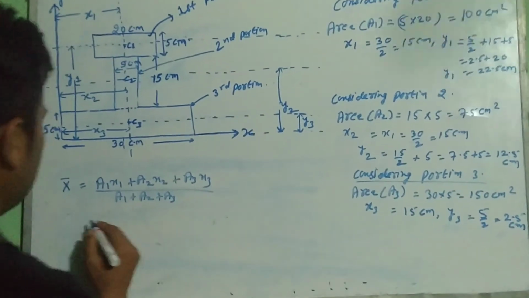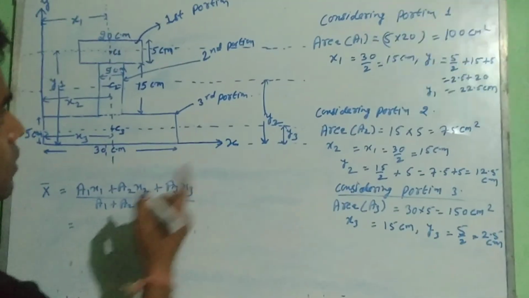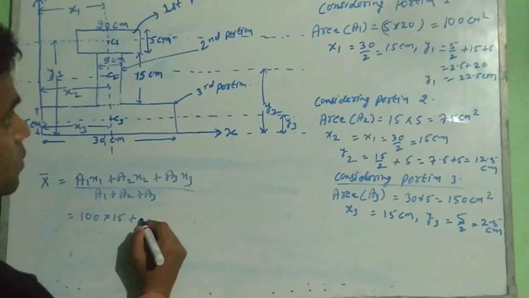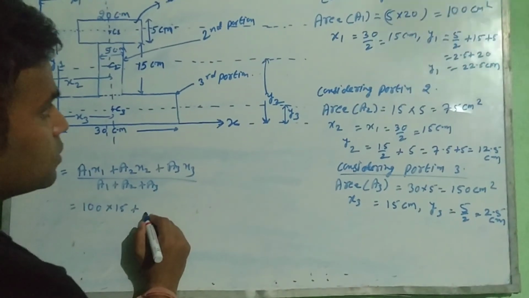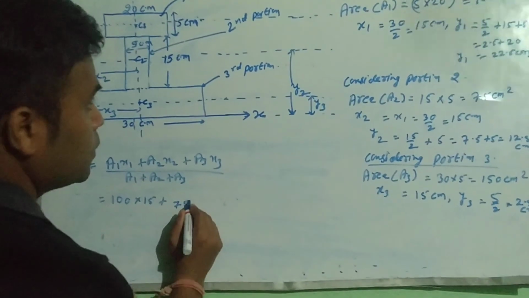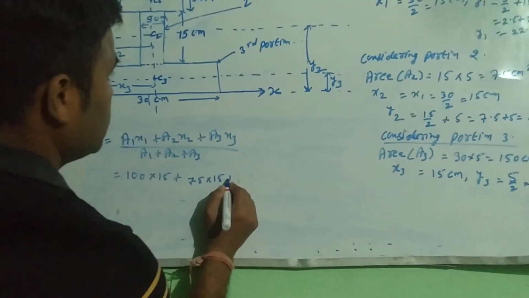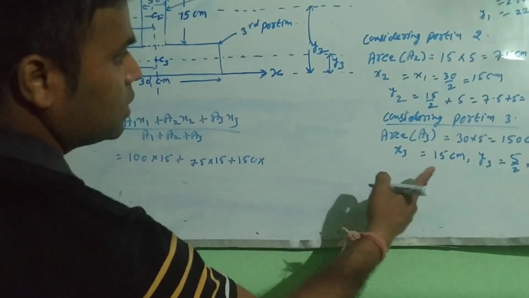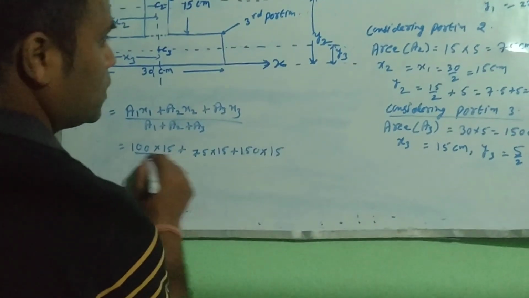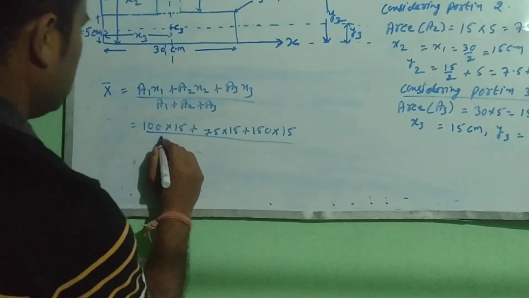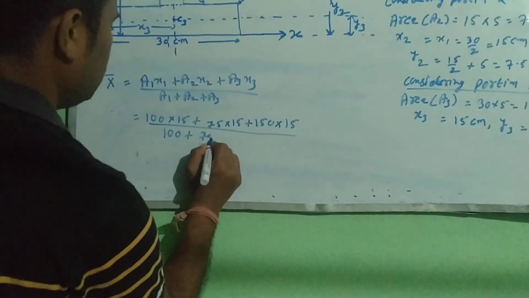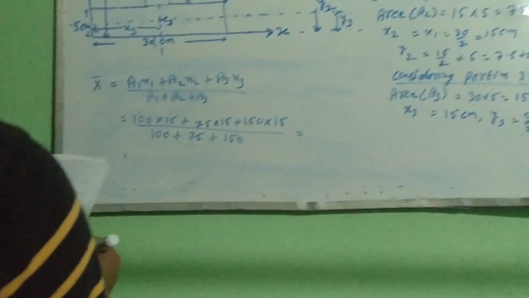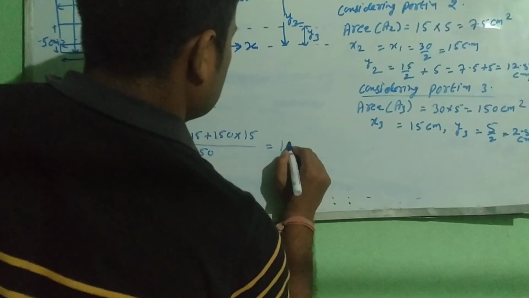Substituting all the values: A1 is 100, x1 is 15, plus A2 is 75, x2 is 15, plus A3 is 150, x3 is 15, divided by 100 plus 75 plus 150. You will get the final value of 15 centimeters.